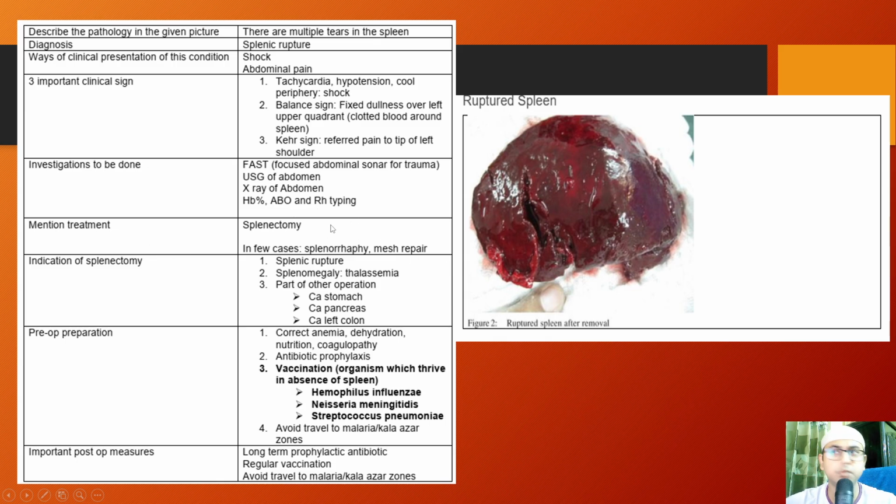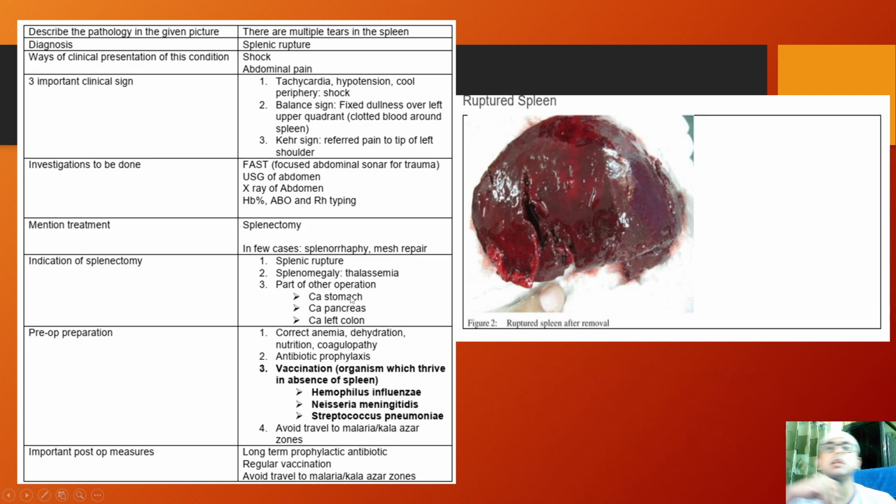So mention the treatment, that is splenectomy, done here, and mesh repair can be done in a few cases, but no need to mention. It is called splenectomy. Okay, so the indications of splenectomy: splenic rupture, splenomegaly, thalassemia, and as part of other operations like carcinoma of stomach, carcinoma of pancreas, carcinoma of left colon.